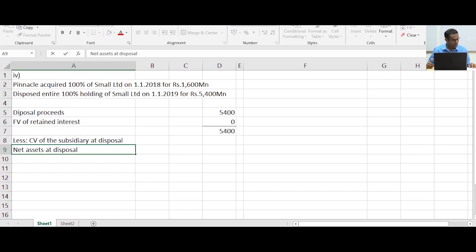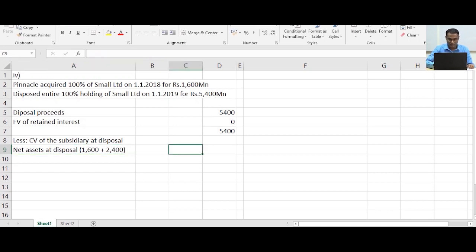Altogether, the net asset value is 1,600 plus 2,400, which is 4,000. 1,600 is the share capital, 2,400 is the retained earnings. So the net assets at disposal is equal to 4,000. You have to derecognize the net assets.